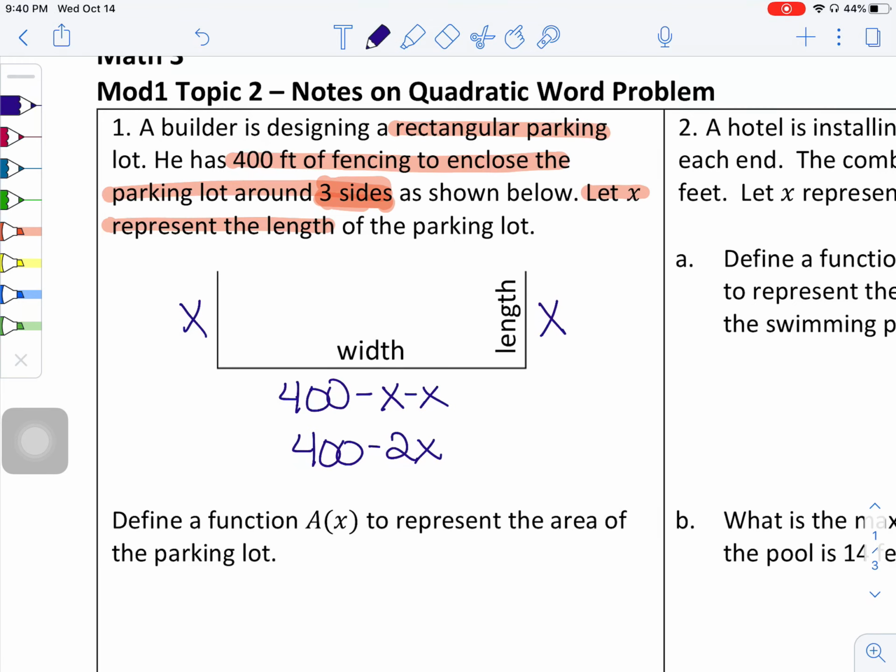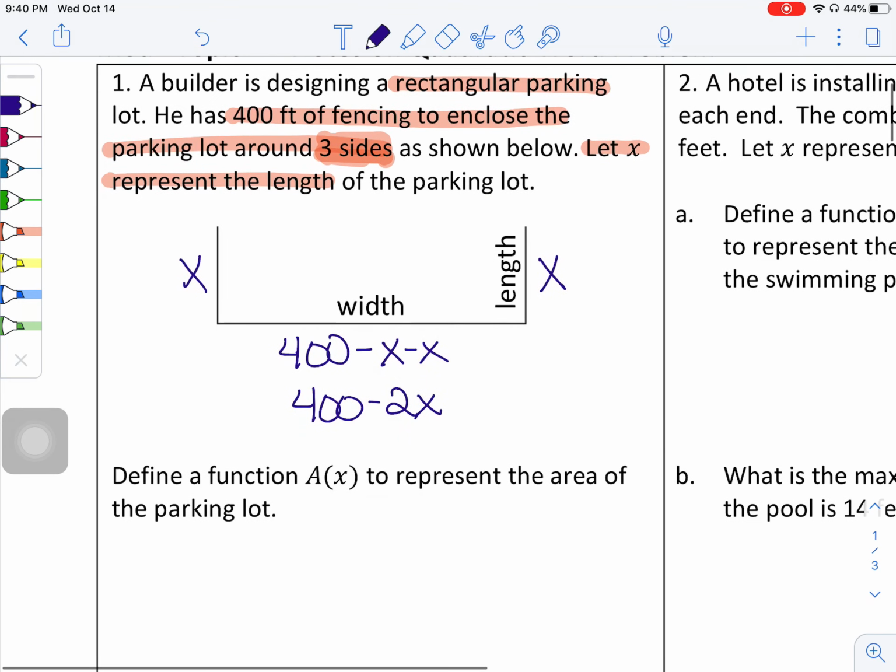Now, if we look at our function, we are asked to define a function to represent the area. If we remember, the area of a rectangle is either length times width, or it's also known as base times height.